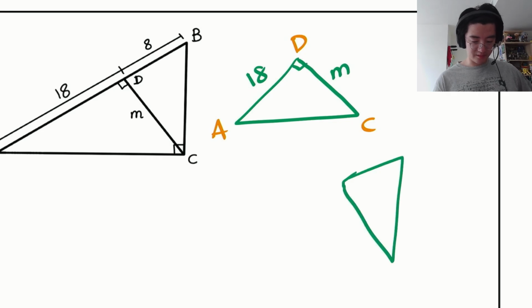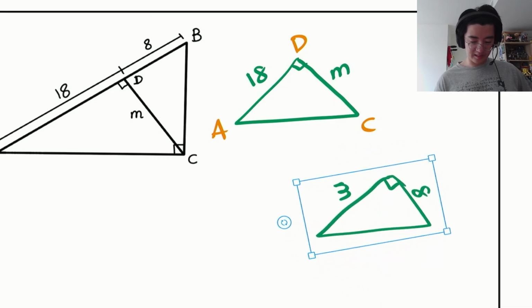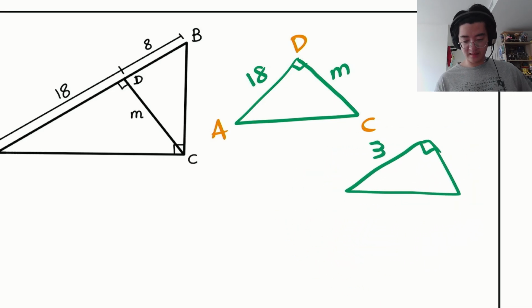Okay, let's put the right angle sign here, just so we're not getting confused. Right, so again, we rotate this guy to be like this, right? So that's our second triangle here, with 8, oops, 8 here, M is right here.